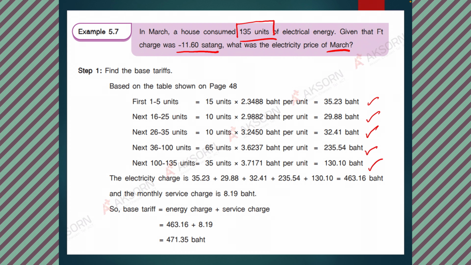And then the electricity charge is 35.23 plus 29.88 plus 32.41 plus 235.54 plus 130.10 will give you this one. This is only the electricity charge. And the monthly service charge is 8.19 baht because it did not exceed 150 kilowatt hour. Okay, it's below. So going back, you add the two things, you will get this one. Clear?